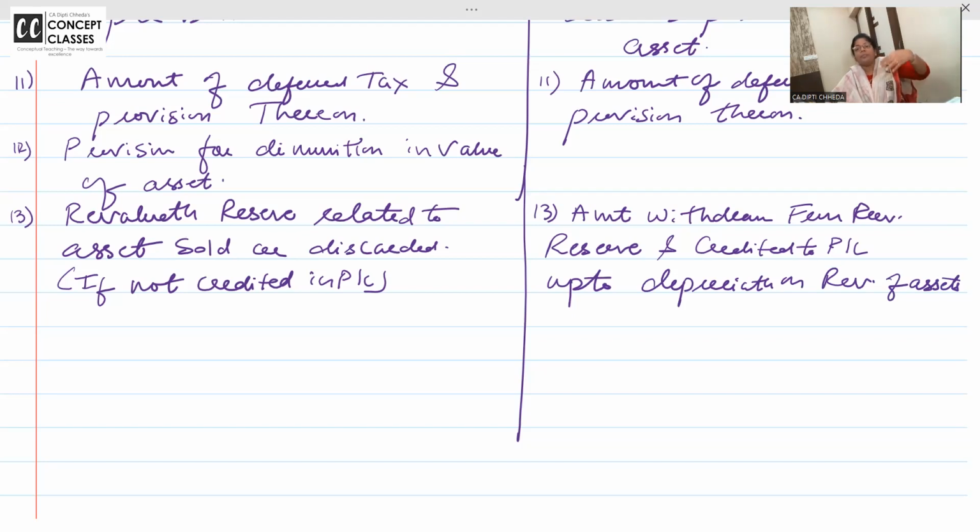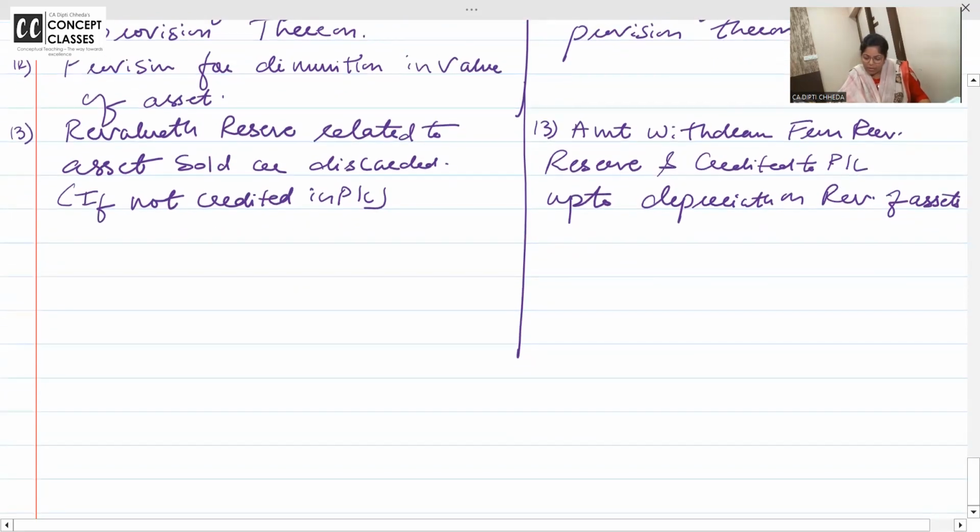Suppose from revaluation reserve, I have transferred to the P&L account 50 rupees. But my depreciation related to the revaluation reserve is 40. How much should I deduct? 40. On the remaining revaluation reserve, you have to pay tax. Clear? You want the example written here? Since this comes up again and again, write the example.